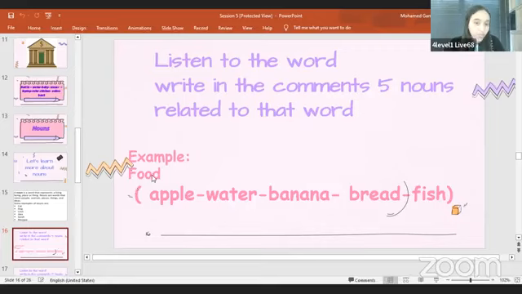Food is a noun, and words related to it are apple, water, banana, bread, and fish. I will give you one noun, and you give me 5 other nouns related to it. Are you ready to do this?